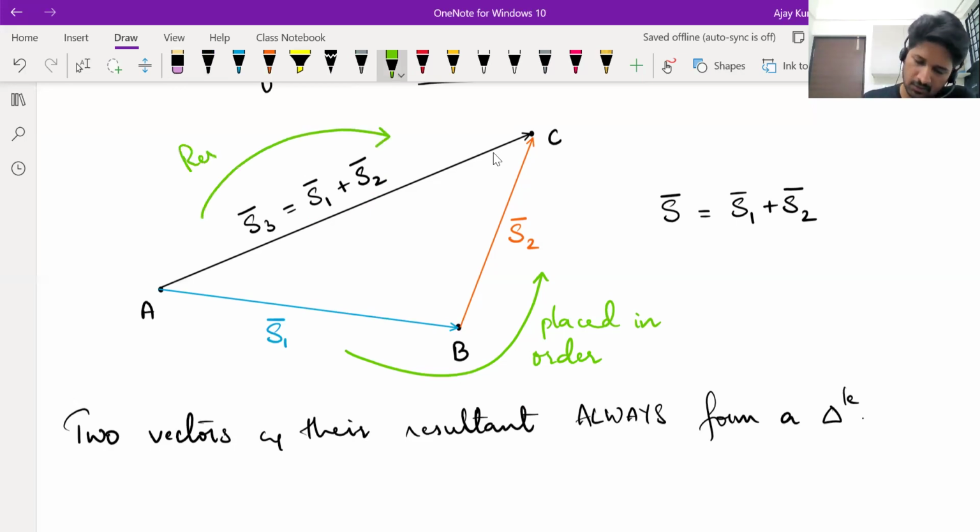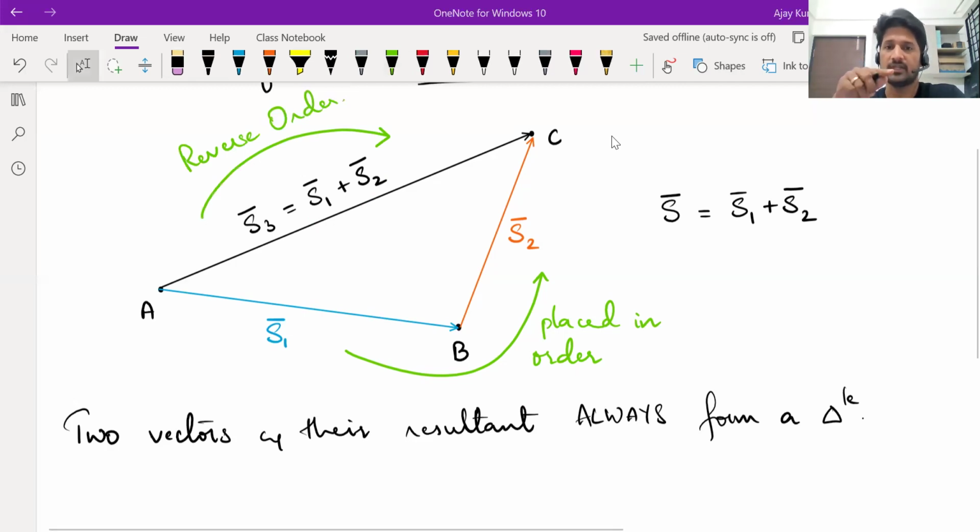It's in the opposite order to the order that S1 and S2 are following. So when two vectors placed in order are considered as two sides of a triangle, their resultant is the third side of the triangle drawn in reverse order. This is what we call the triangle law of vector addition. This allows us to visualize the resultant easily.